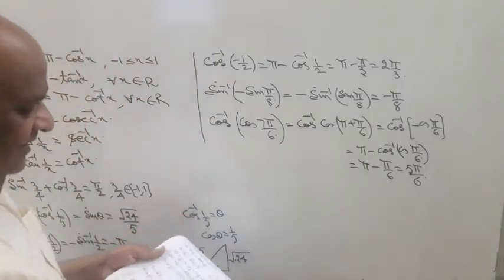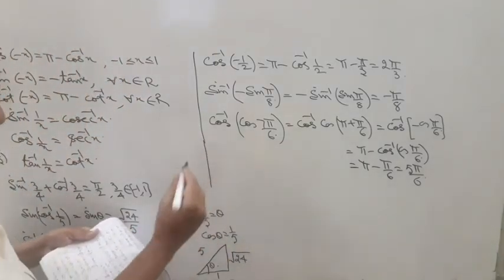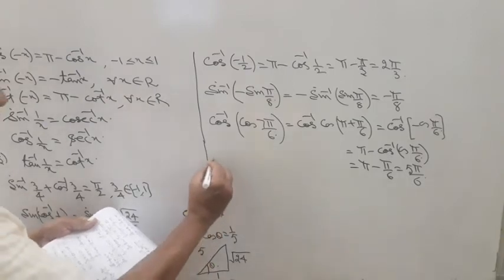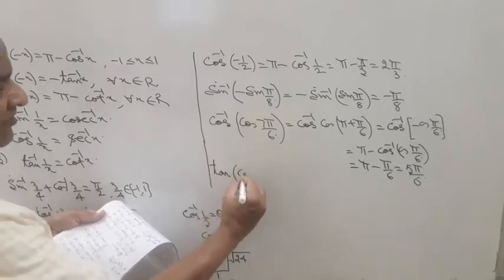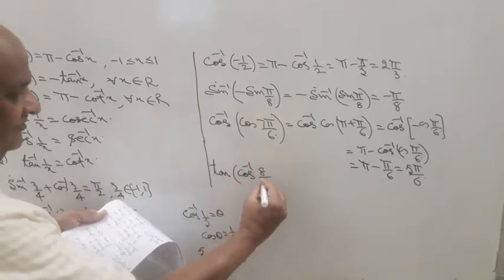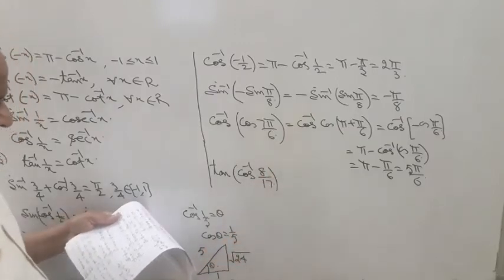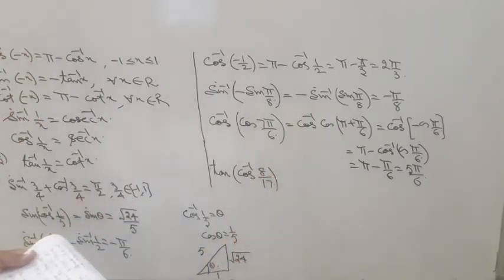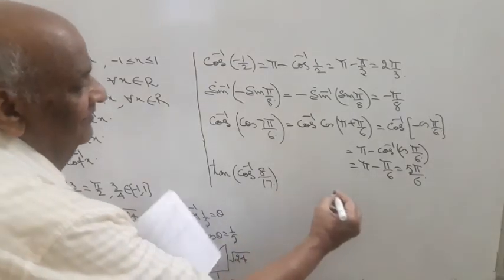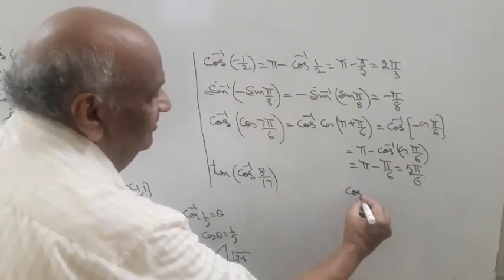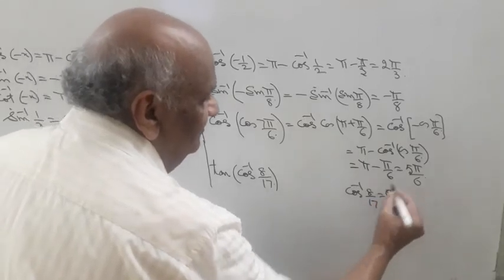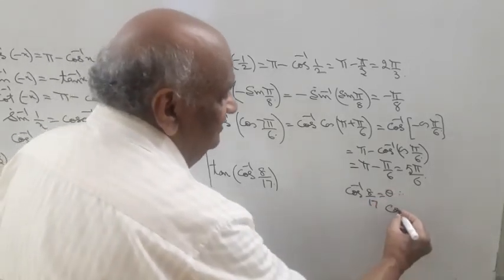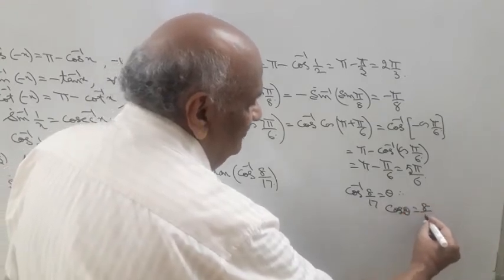Check out. Again, you can take up one more example. He says evaluate tangent of cos inverse 8 upon 17. What we do here is we put cos inverse 8 upon 17 equal to theta. Therefore, cos theta is 8 upon 17.